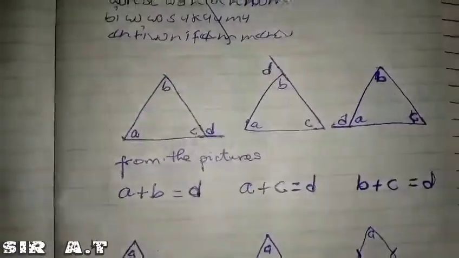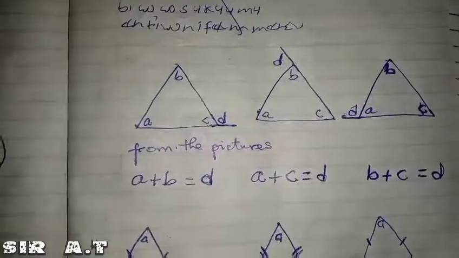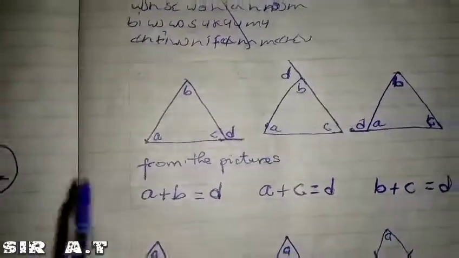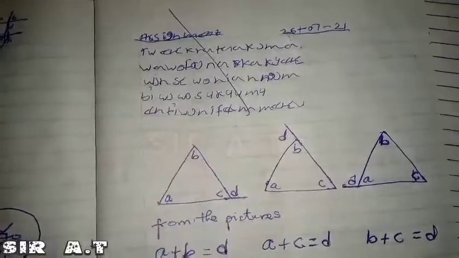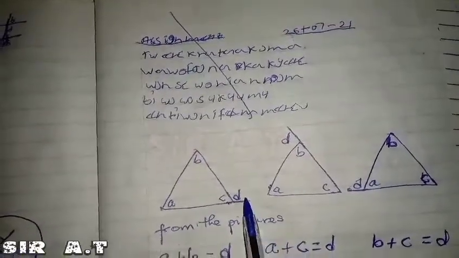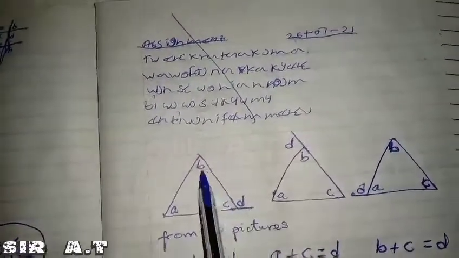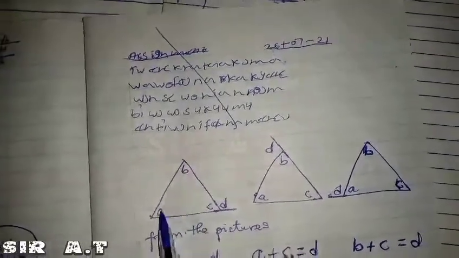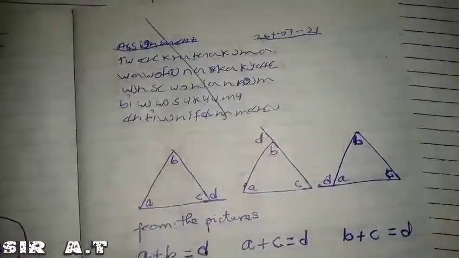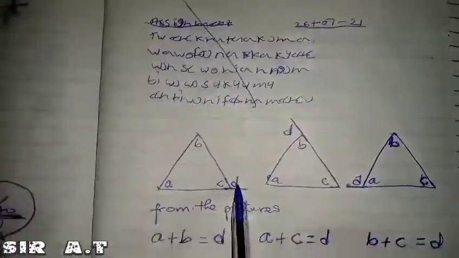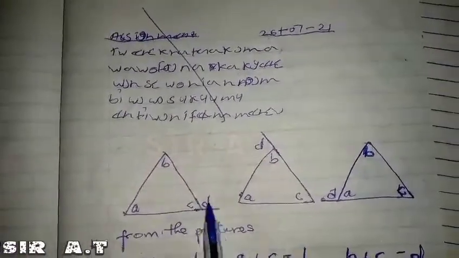Now let's come here. Another property that we are going to look at. We are saying that when you put A and then B together, it is equal to the opposite exterior angle. So the sum of two interior angles is equal to its opposite exterior angle.